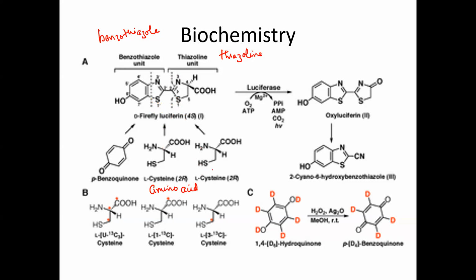What happens is that this luciferin, in the presence of the enzyme luciferase, takes oxygen and spends ATP. In the presence of magnesium ion, it becomes oxyluciferin.